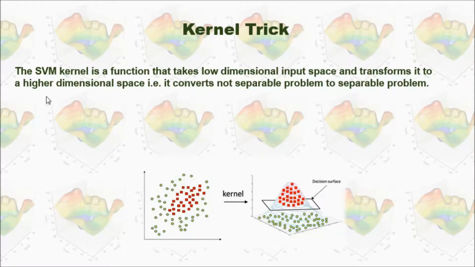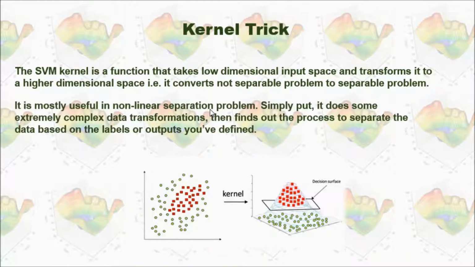So this SVM kernel is a function that takes a low-dimensional input space and transforms it into a higher dimensional space. And it is most useful in nonlinear separation problems.